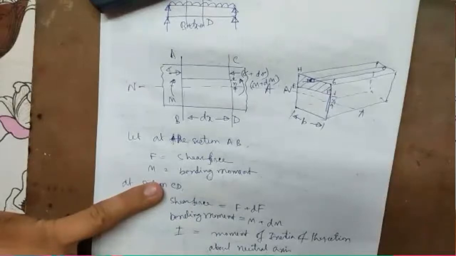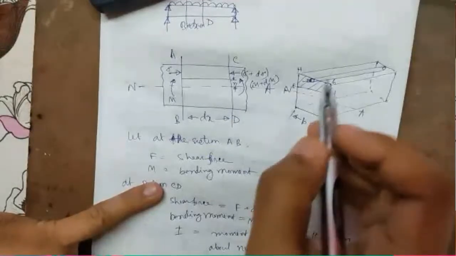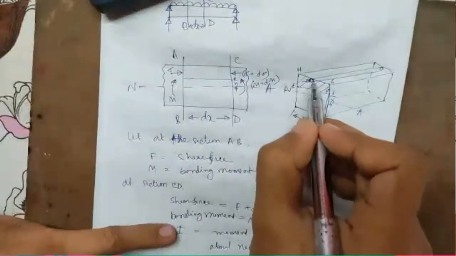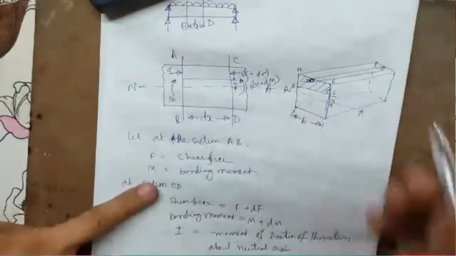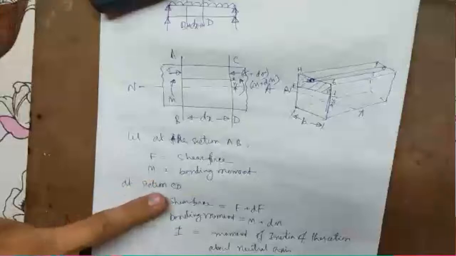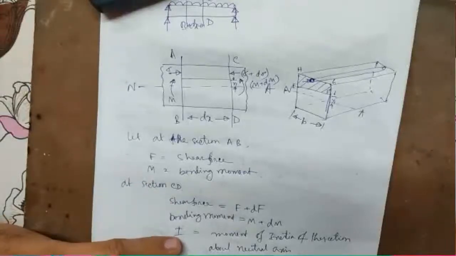Now this part of the beam may be taken to consist of an infinite number of elemental cylinders, each of area dA. So as I was saying, the elemental area of this small cylindrical area is dA and length dx.